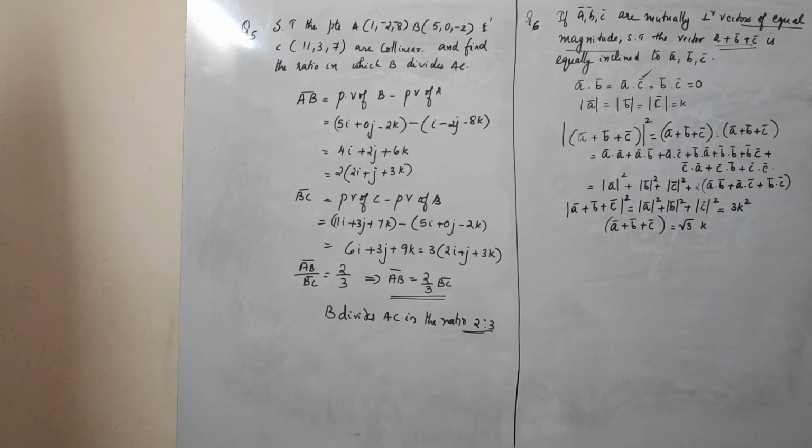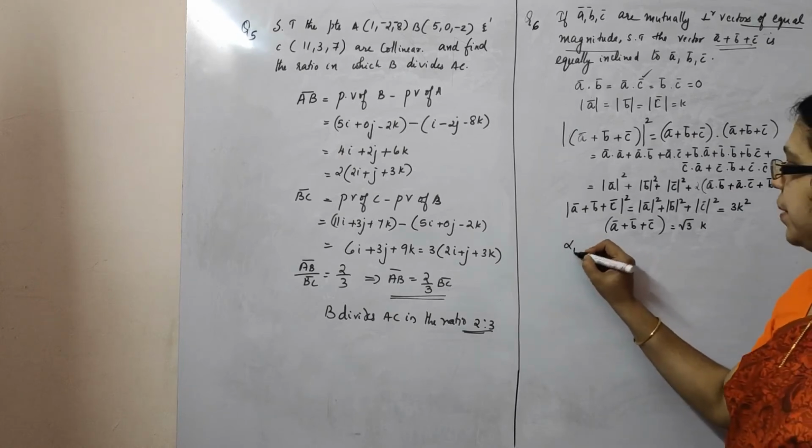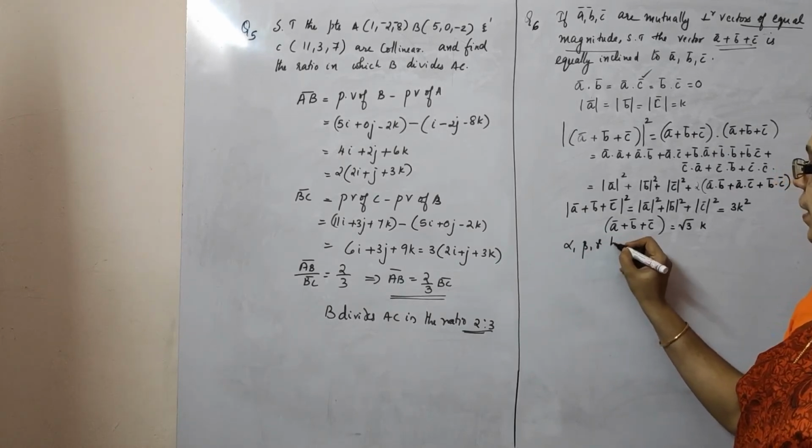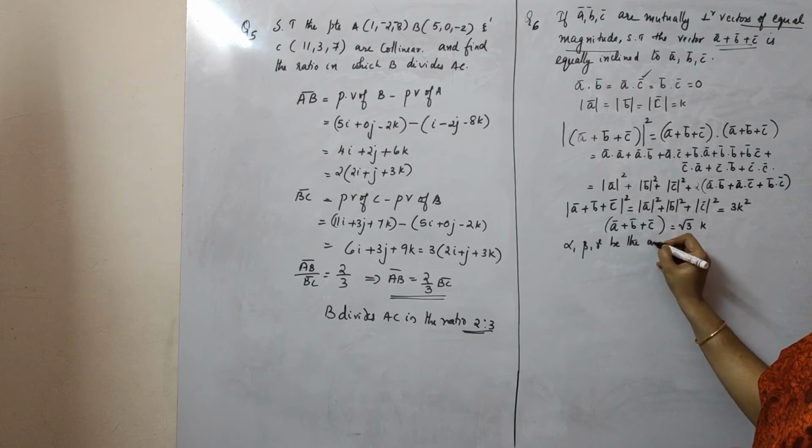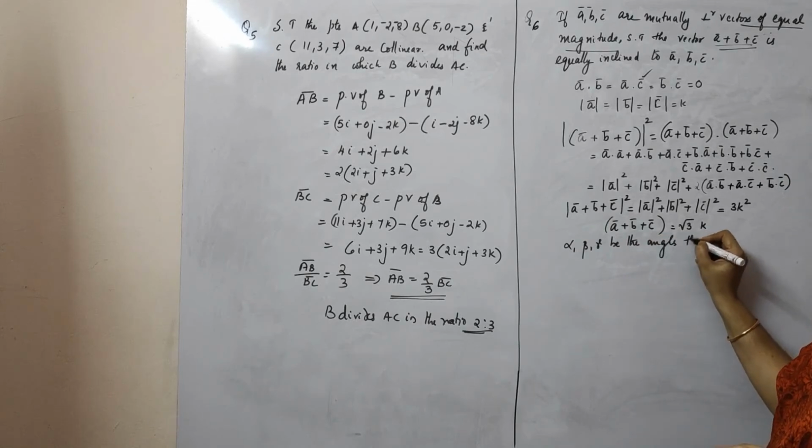So now to find the angle, let alpha, beta and gamma be the angles that are formed.